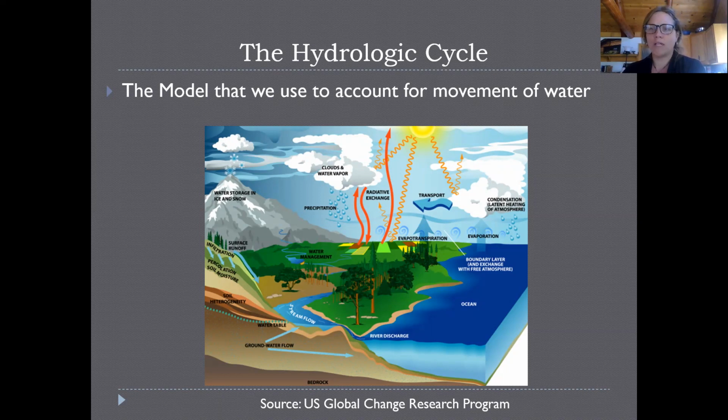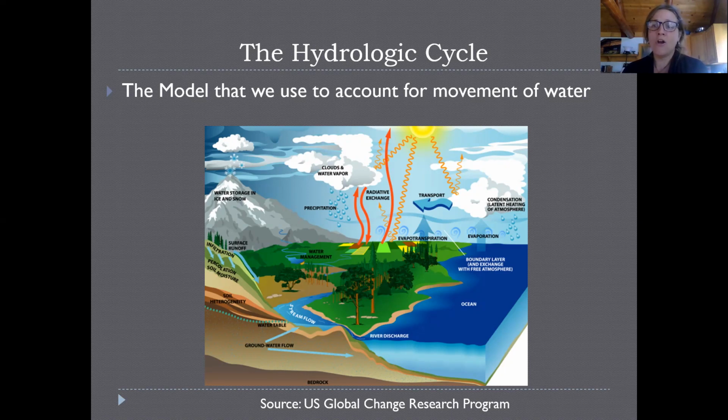And of course, that shows a certain number of processes, and that in and of itself is an oversimplified illustration of where water is truly moving. The simpler the model is, the less accurate it is, but it can still serve as an important tool that helps us understand.